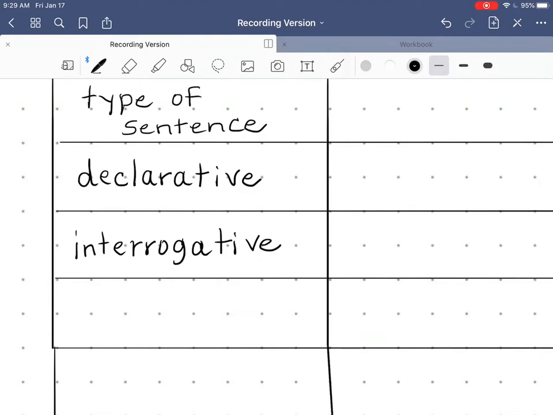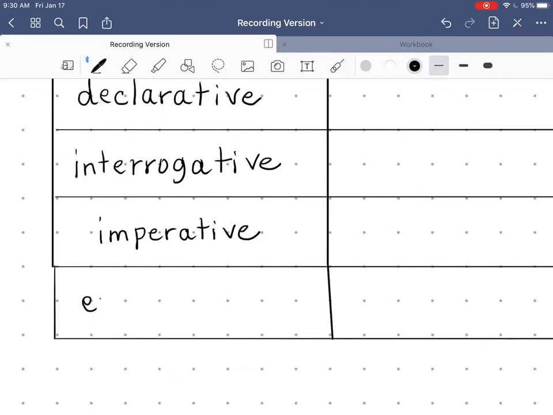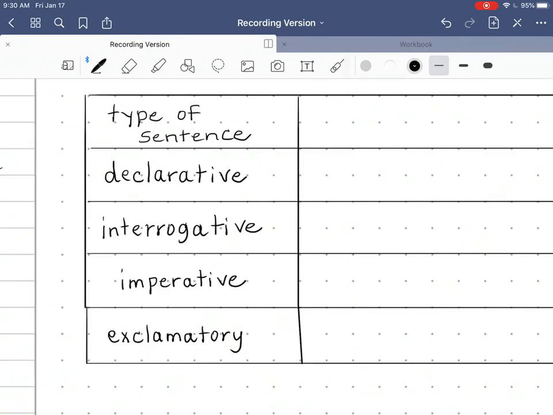If you break it down into syllables, you have interrogative. That's 5 syllables in that word. Imperative. And exclamatory. So those are the 4 types of sentences in English, American English.